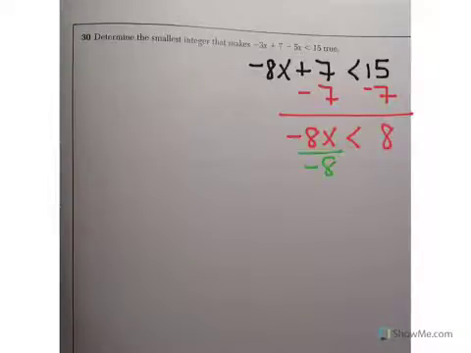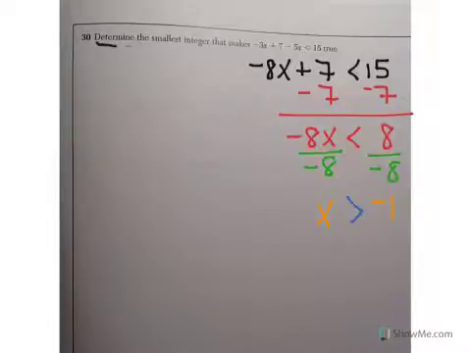Going to divide by negative 8. And I'll end up with x is, now be careful, we are going to flip the inequality because we divided by a negative. Okay? So this is important. Every time you divide or multiply by a negative, when you're dealing with inequalities, you have to flip that inequality. So x is greater than negative 1.